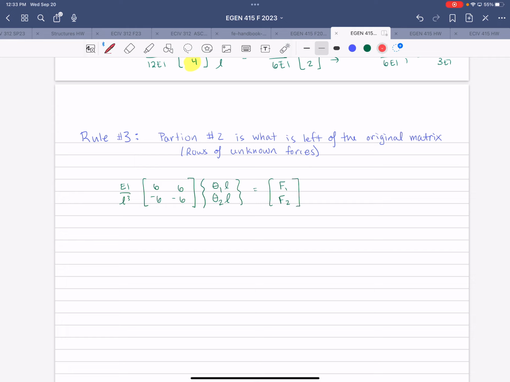So here we will plug in the results from the first partition. And this equation is the second partition. So the second partition will always give you the unknown forces.